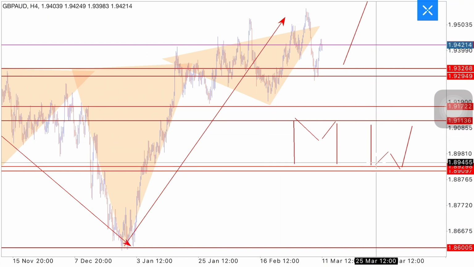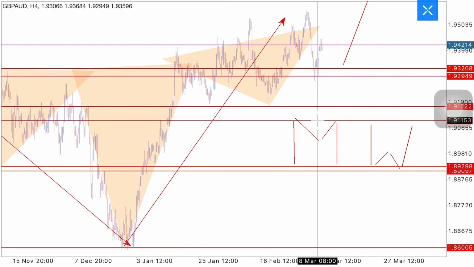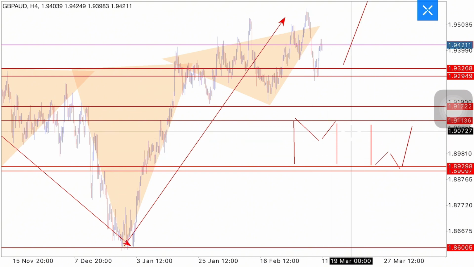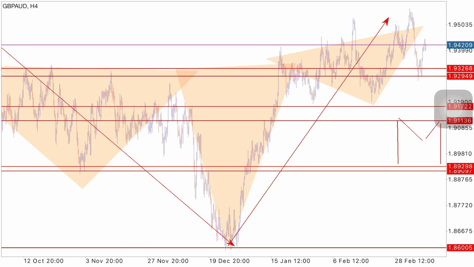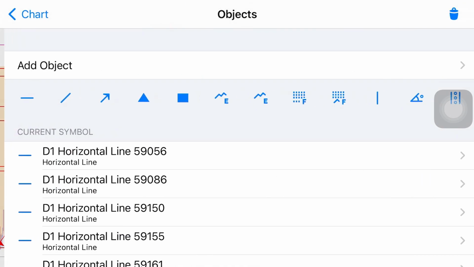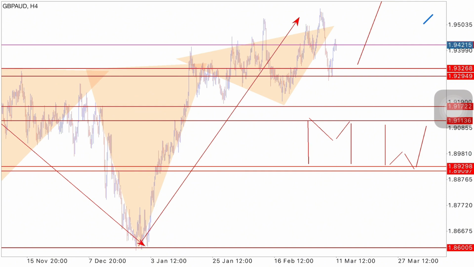It's similar to this here, but this one is the double top and this one is our double bottom. Hence this is just an inverse. With this one too, we can see that this is just an inverse of the original head and shoulders, which is in this type of form.